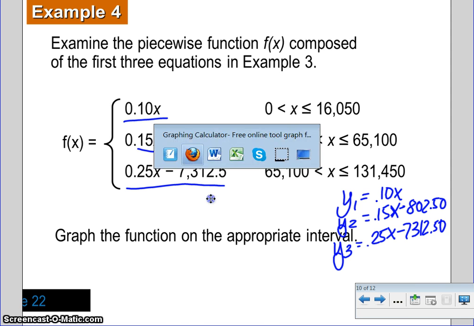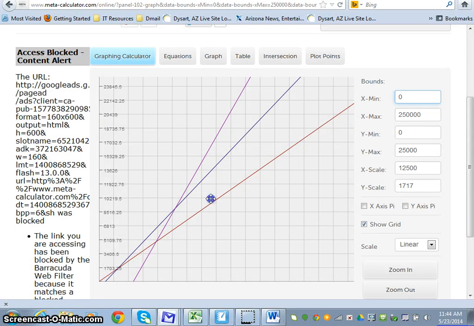And then you're going to create your minimum and maximum. You'll do that by clicking on the window button right next to the y equals button. For an x min, put in 0. For an x max, put in 250,000. For a y minimum, put in 0.